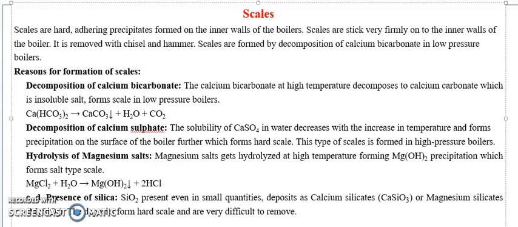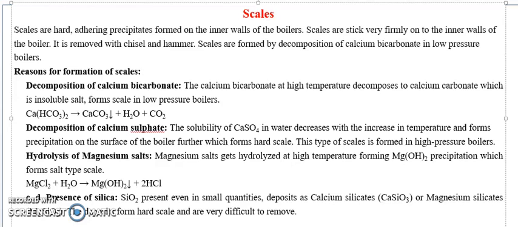In other words, calcium sulfate is soluble in cold water but almost completely insoluble in superheated water. Consequently, calcium sulfate gets precipitated as hard scale on the heated portion of the boiler. This is the main cause of scales in high pressure boilers.